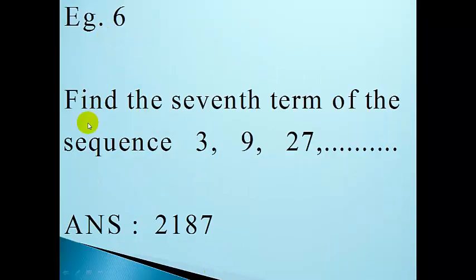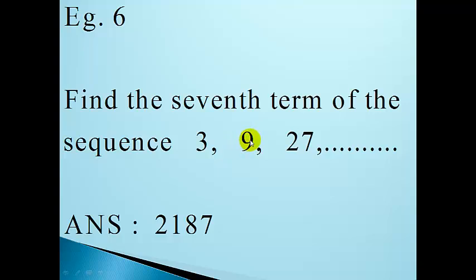Now example, find the seventh term of the sequence 3, 9, 27. Now we can see that this is an exponential sequence because it has the same common ratio. How do we find the common ratio?